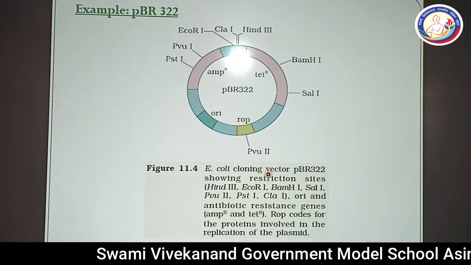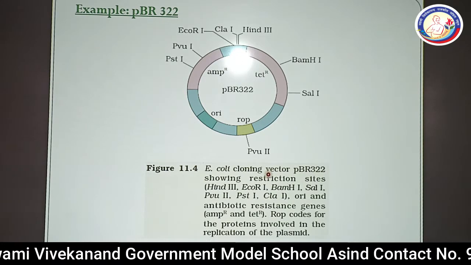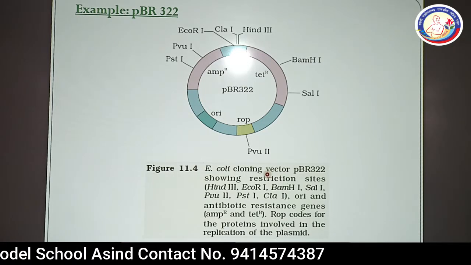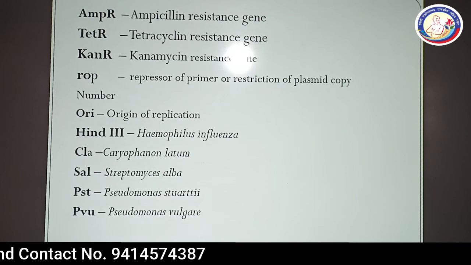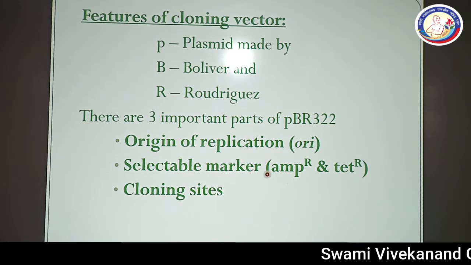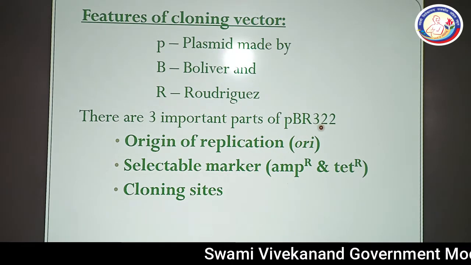A figure is given here. I have also drawn this figure on the whiteboard. I will explain it later on. Prior to this, you can see the features of a cloning vector, especially pBR322.